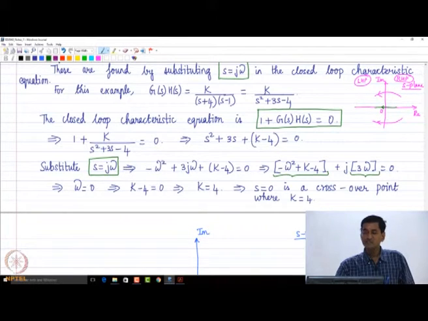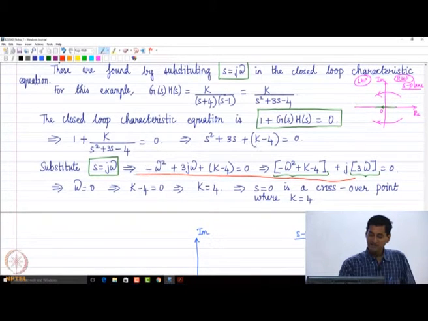Obviously, when this complex function is equal to 0, the real part should be 0 and the imaginary part should be 0, right. From here I can immediately figure out omega is 0. That is one potential solution for omega, a crossover point.